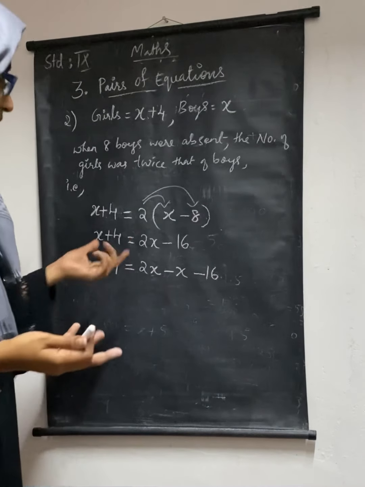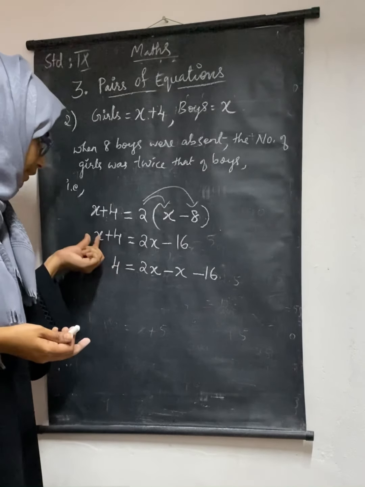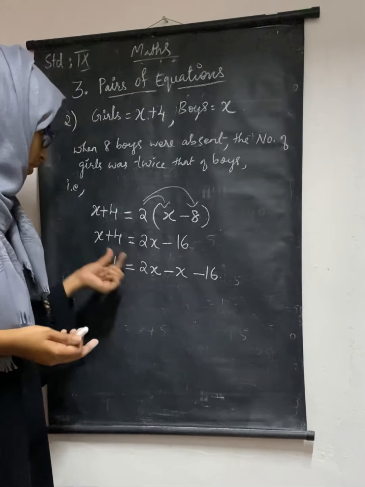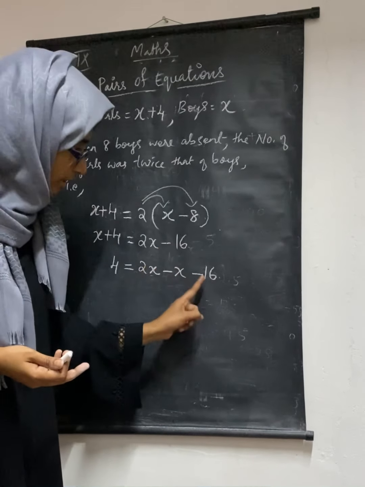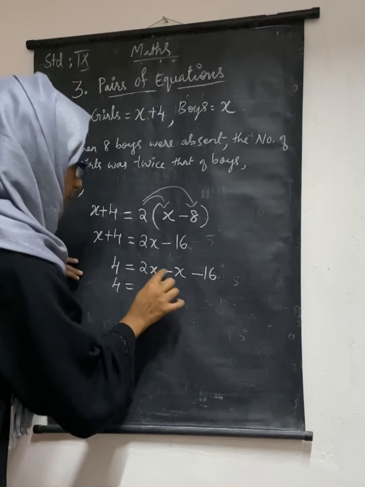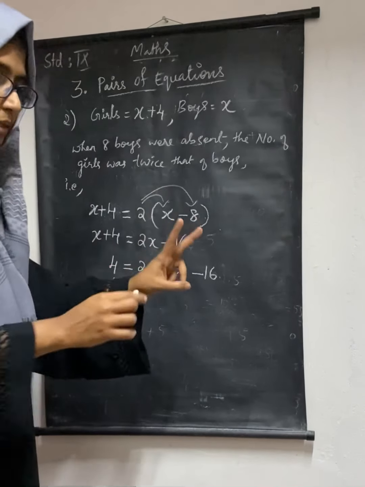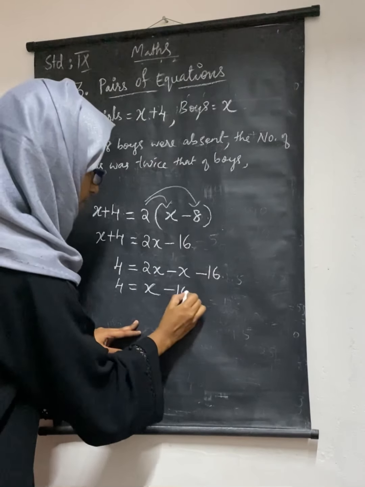I did not do anything else. 2x minus 16 stays here itself and 4 stays here. This x is brought here, so the positive x becomes negative x. Now 4 is equal to 2x minus 1x, which is 1x, and the remaining 16.